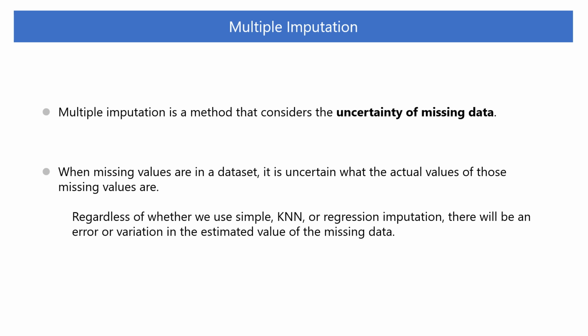Also, the estimation of missing data using KNN or regression methods is only an estimation, and it is not possible to identify the actual value. Therefore, there will be an error or a variation in the estimated value of the missing data. This is what we call the uncertainty regarding missing data. Multiple imputation is a method that takes this uncertainty into account.